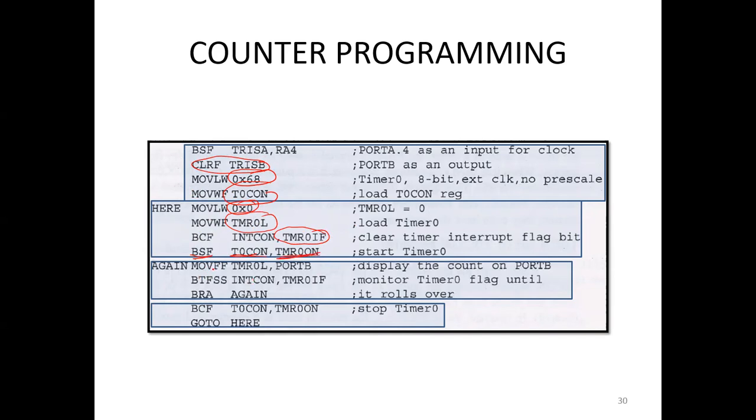Here our main task is moving the data, MOVF from timer 0 low to port B, and we can make it continuous. We are just checking the flag. If the flag is 1, we have to stop the timer and repeat. But even if you ignore this line, it will always work.